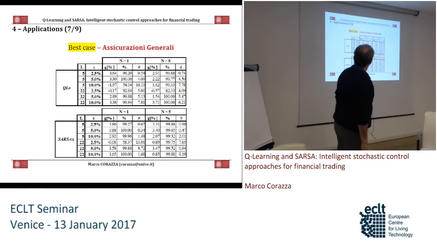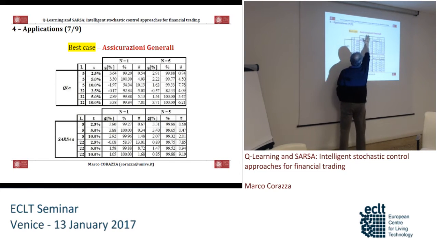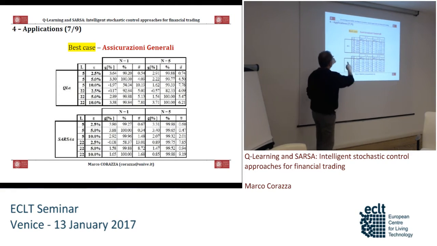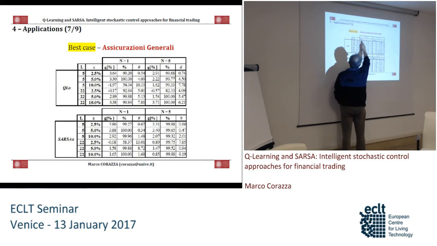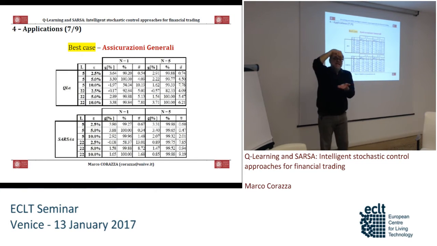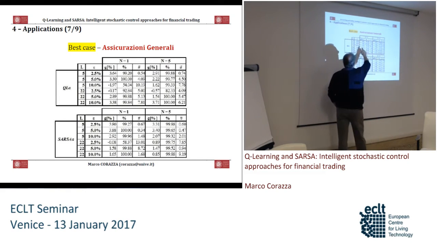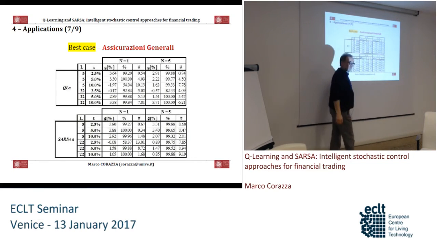For instance, you can see that in the case of Assicurazioni Generali, here we have all the 24 configurations: Q-learning, SARSA, the values of L, of epsilon. You can see that Assicurazioni Generali is likely the best case, in which, in each of the 30 years of the trading, the net return per year is positive.